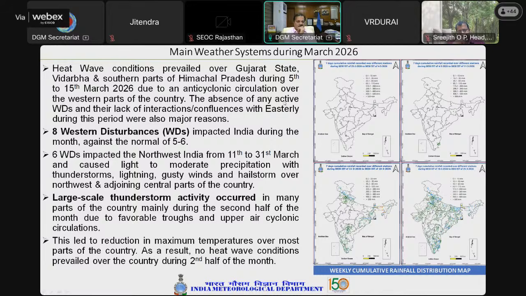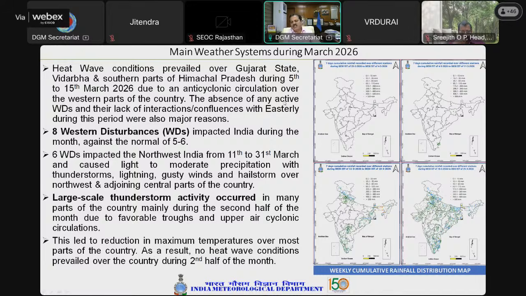Of course, these activities led to thunderstorms, lightning, gusty winds, hailstorms, squalls, etc. for northwest India and then central India. And when they moved towards the east, they caused activity over eastern India, east central India, and also northeast India. Large-scale thunderstorm activity also occurred in peninsular India, leading to normal rainfall activity.